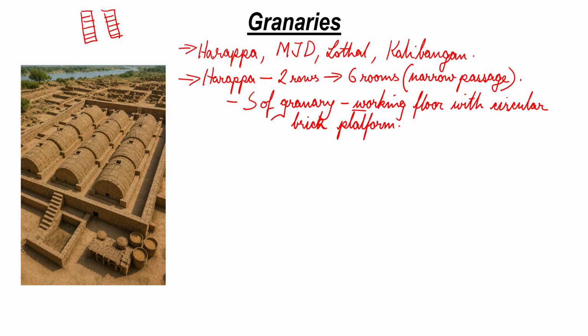So this working floor had a circular brick platform. On the south of the granary, there was a place like this circle, which was used probably for threshing of wheat. Okay, so this circular brick platform was used for threshing of wheat and also for barley.